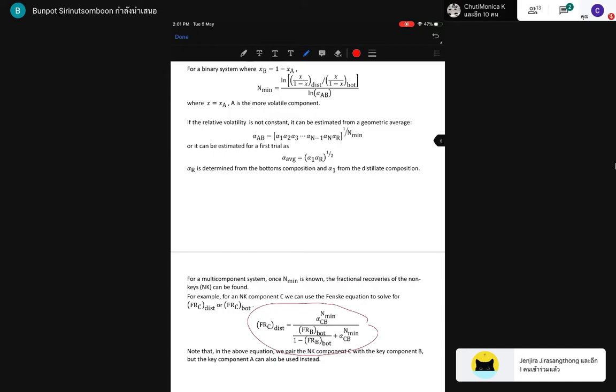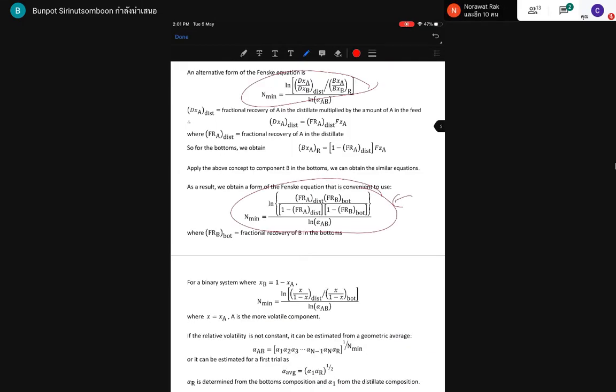And you can write many other forms. It's basically just rearranging. You need to know how to rearrange this form for other compounds, and then you can find fractional recoveries of non-keys.